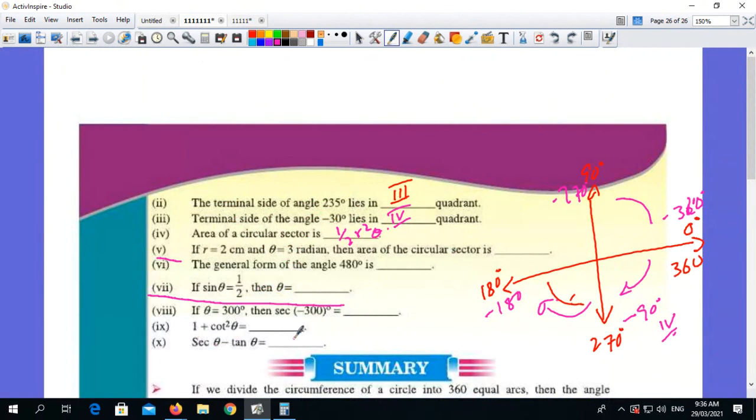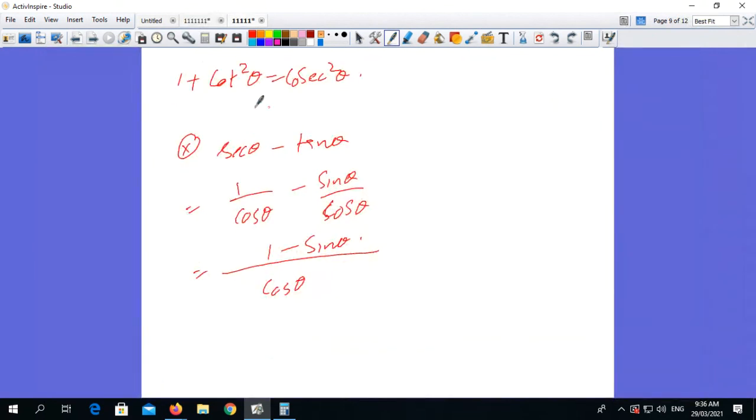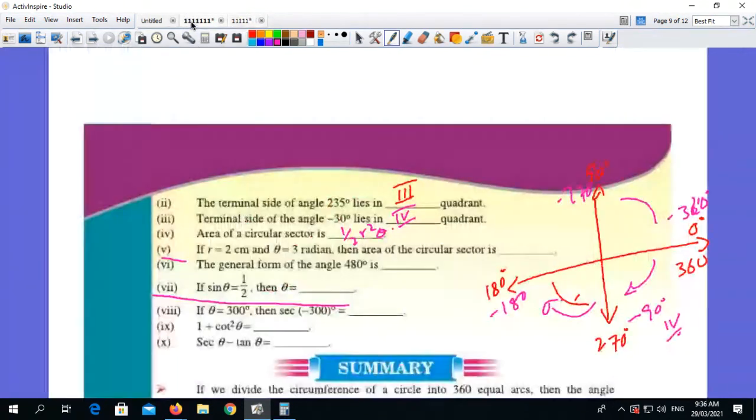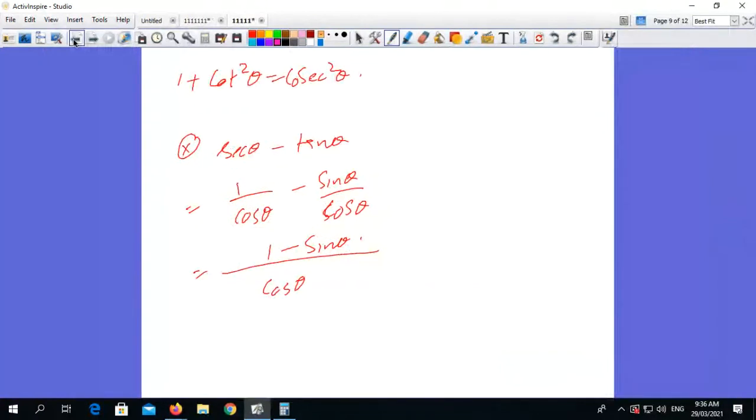Second last, 1 plus cot square theta equals what? You know that 1 plus cot square is equal to cosecant square theta. How? By using the previous identity, I explain it.